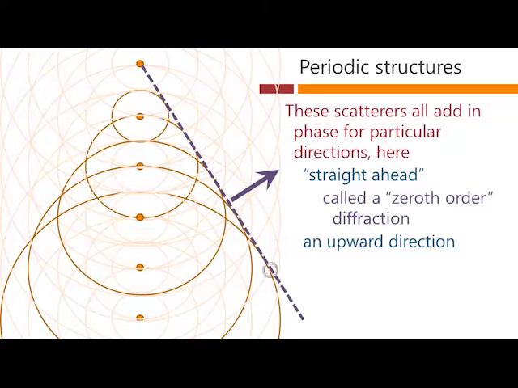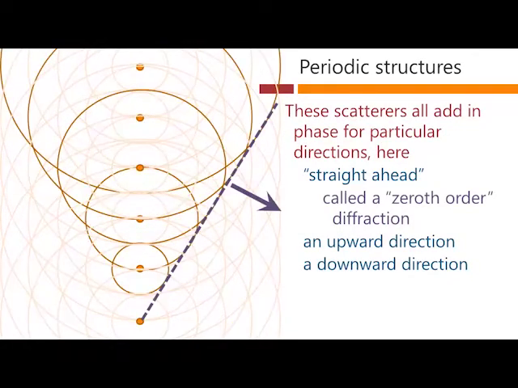So all of these circles add up to give us a straight line tangent along here. So we're going to see a beam going in an upward direction as a result of the scattering of all of these objects. And we're also similarly going to see a beam going in a downward direction as a result of scattering of all of these objects.